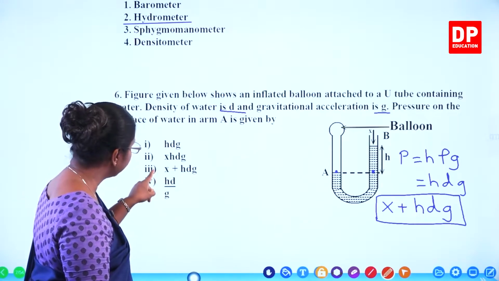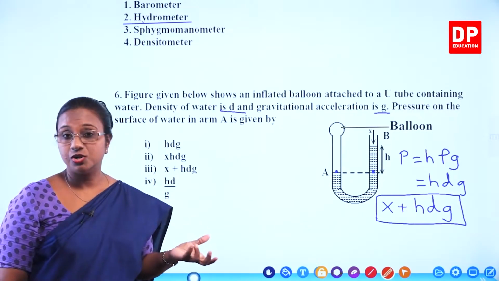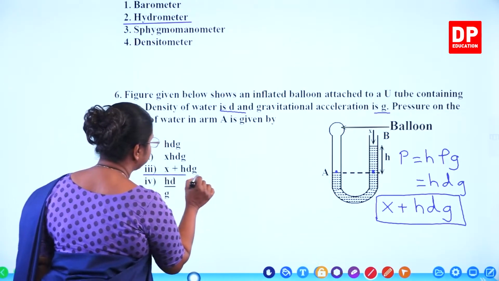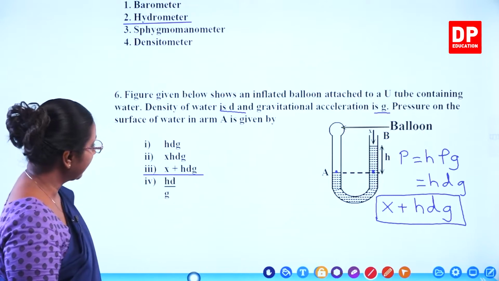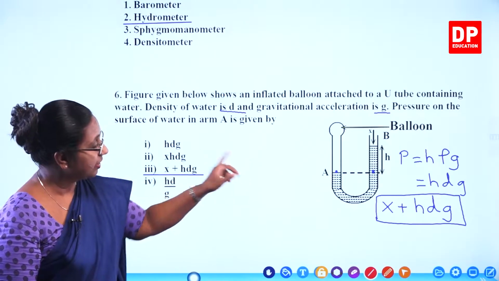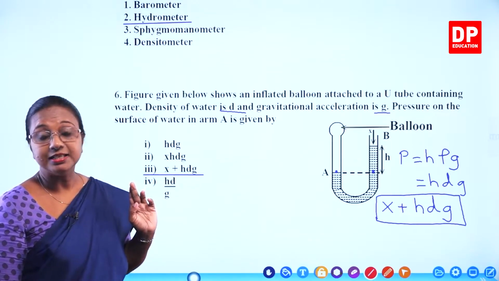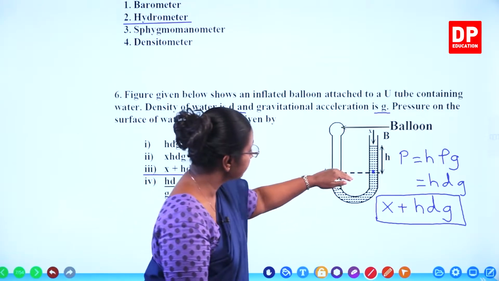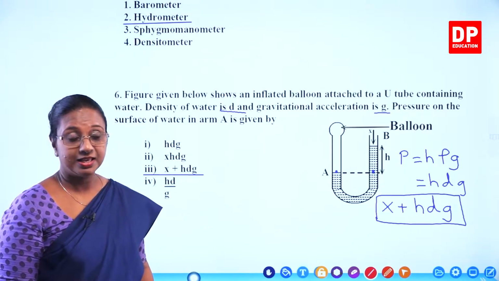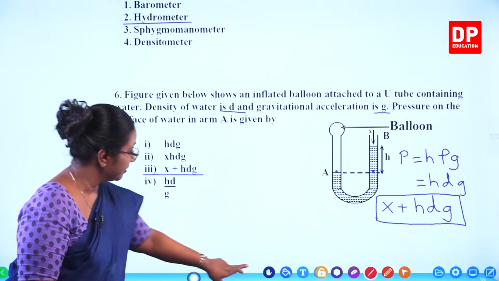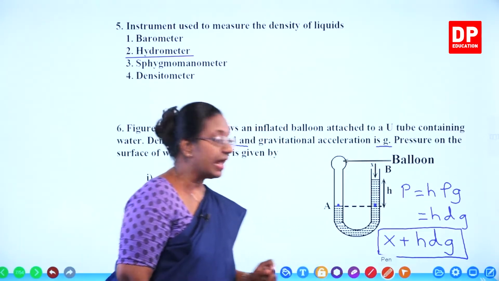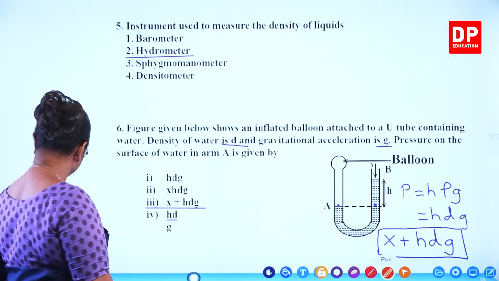And the fourth one, Hd over G, that is also not relevant here. So, the answer is the third one, X plus HdG. That is the pressure exerted by the air inside the balloon. That is on the surface of water in arm A, point A. So, I am sure you were able to answer these two questions correctly, students. So, with that, I will move on to the next one.